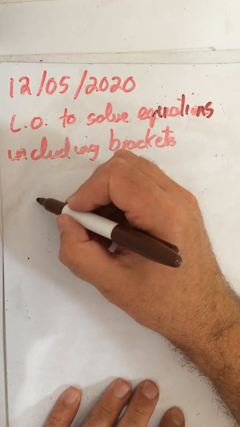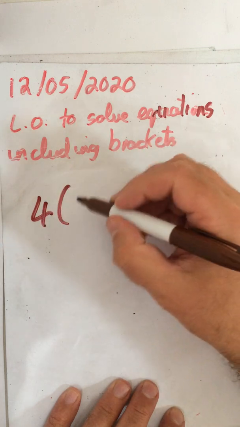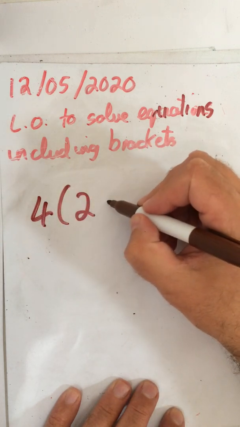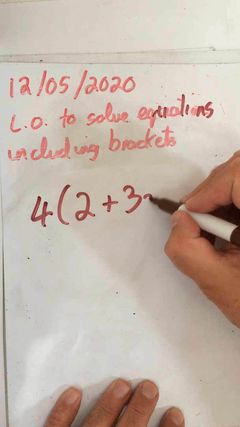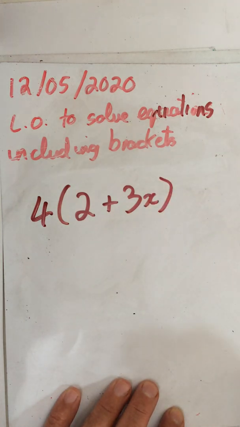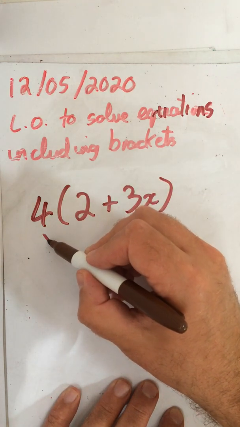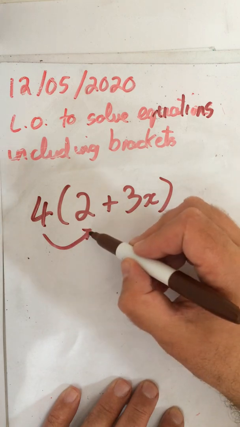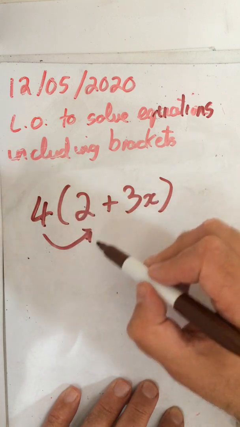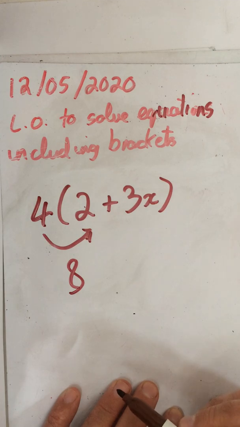So we could have 4 on the outside, and we could have 2 plus 3x. Now remember the rule, when you're expanding brackets, you multiply the number outside the bracket with both numbers inside. So 4 times 2 is 8. That's our first number.